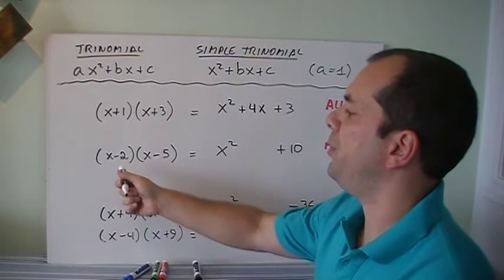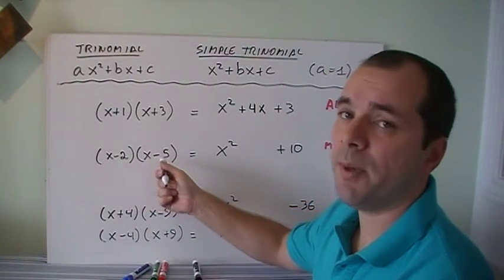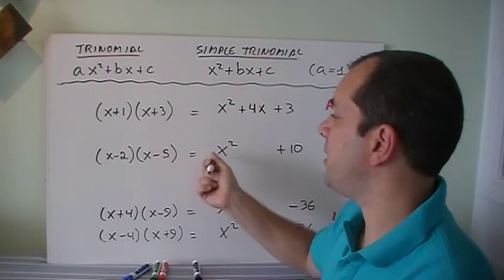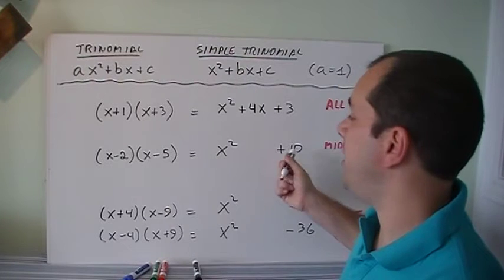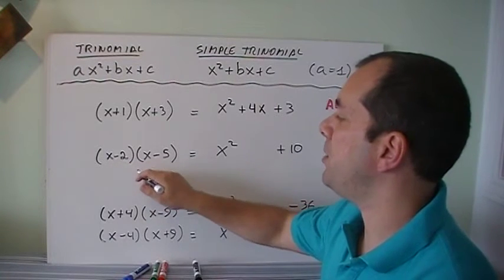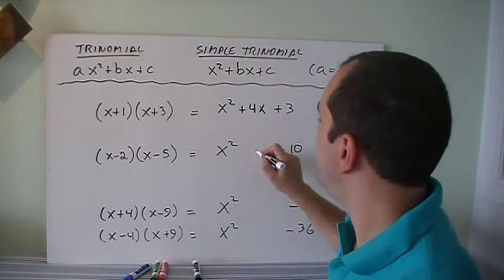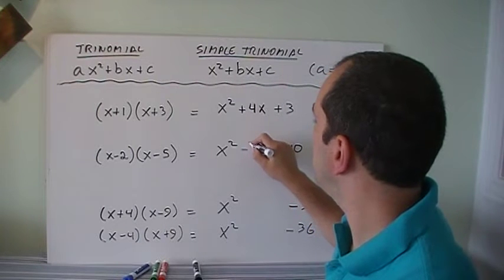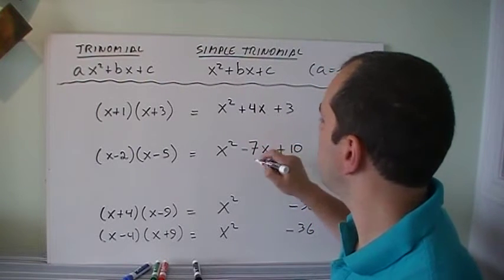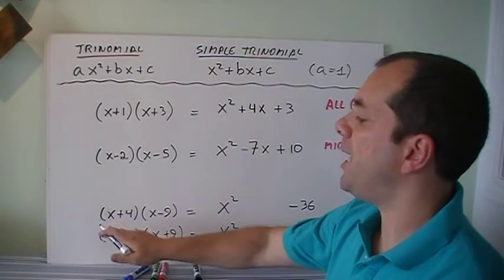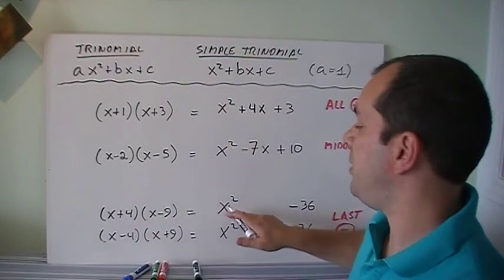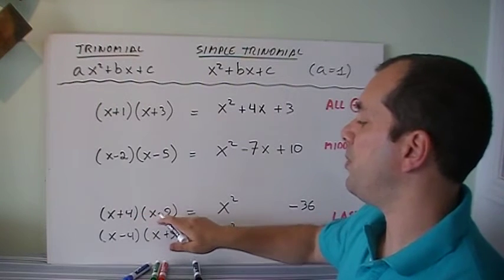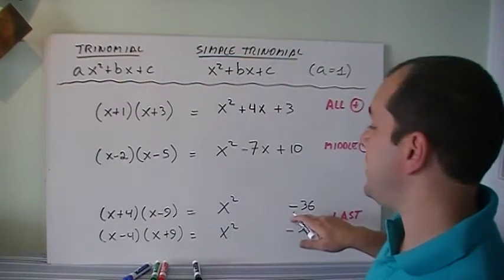Okay, let's look at this one. x minus 2 and x minus 5. x times x gives me x squared. Minus 2 times minus 5 gives me plus 10. And on the inside, minus 2x minus 5x gives me minus 7x. And lastly, x plus 4 and x minus 9. x times x gives me x squared. 4 times minus 9 gives me minus 36.